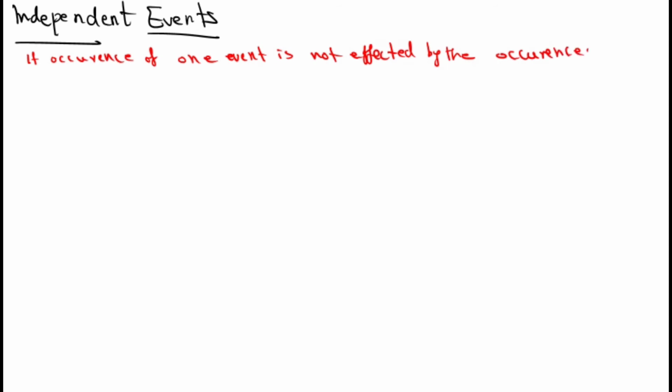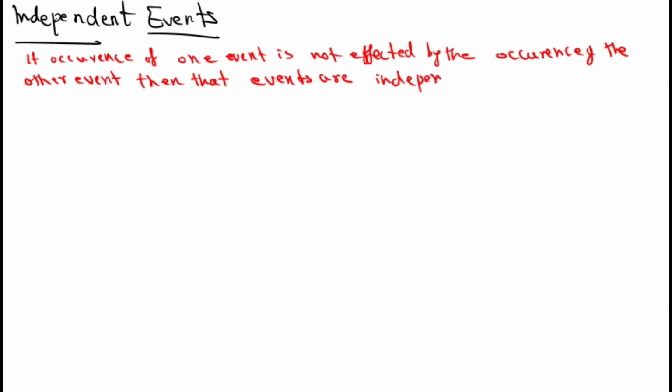See, next is independent events. The definition says if the occurrence of one event is not affected by the occurrence of the other event, then those events are independent.